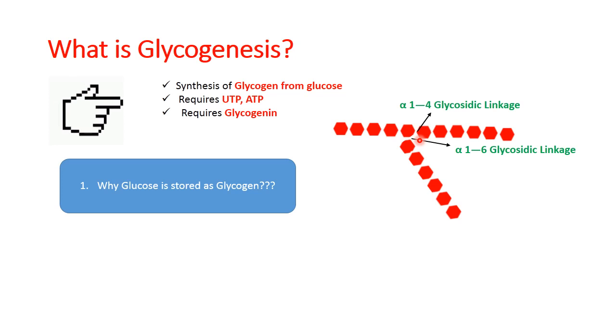However, the formation of branch points in glycogen is slower than the addition of glucose units to the linear chain. That means glucose units are added to the linear chain at a faster rate than the formation of branching points. How does it help?